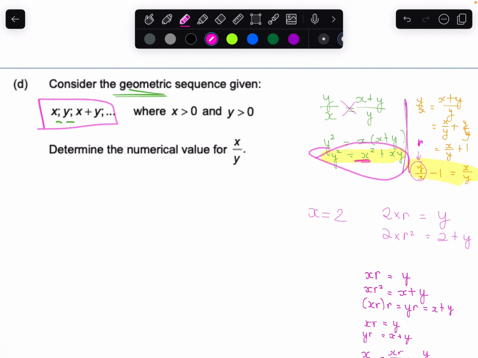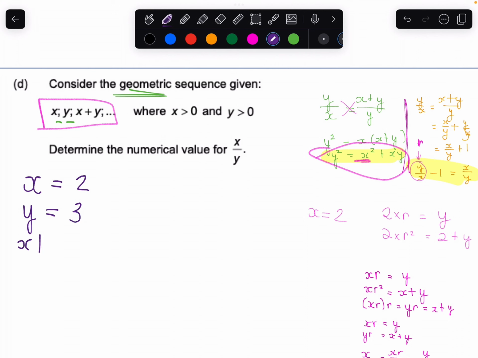Oh, guys, my heart and my soul. Maybe if we use a different color. So let's see. Okay, let's go back to numbers. Say x is 2 and y is 3.